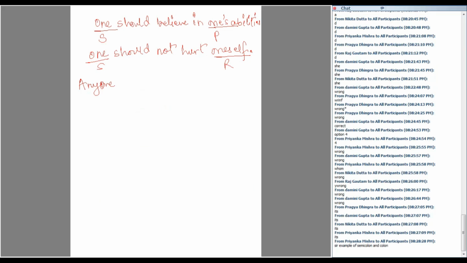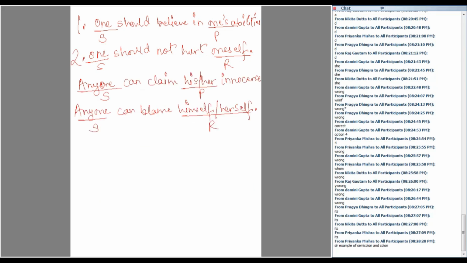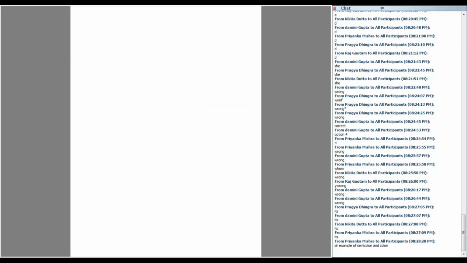Semicolon and colon. Actually, that is the problem. Semicolon and colon. Just a minute. Wait, please. The problem is that semicolon. Okay, semicolon, and then you have colon. This one and this one.